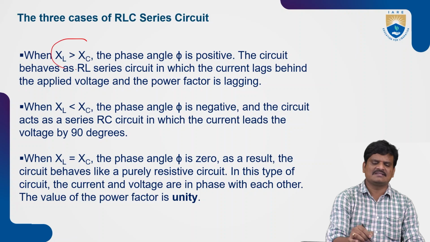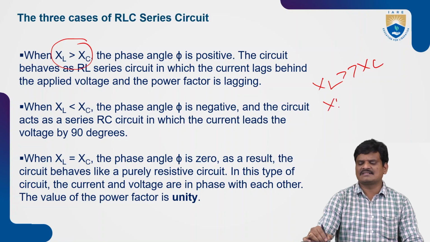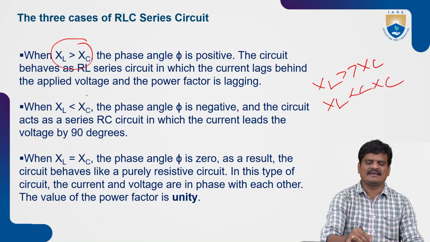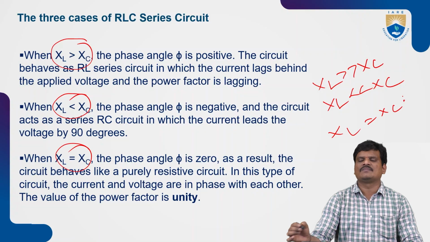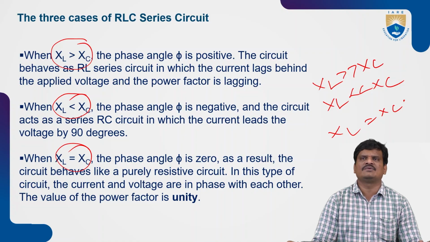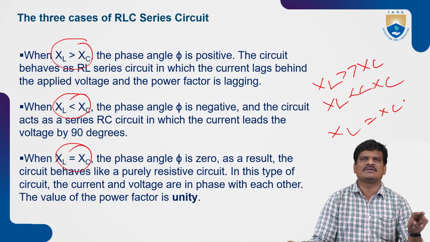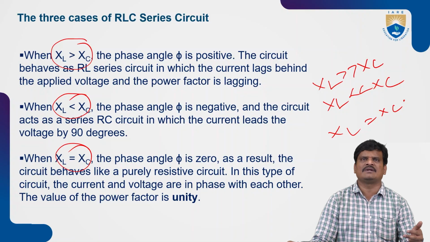The first case is XL greater than XC. The second case is XL less than XC. And the third case is XL equal to XC. Depending upon these three cases, we modify the circuit into a two circuit element, and we will try to plot the phasor diagram representation for each particular case.